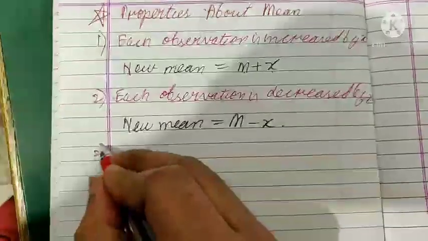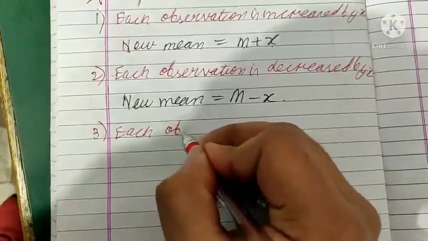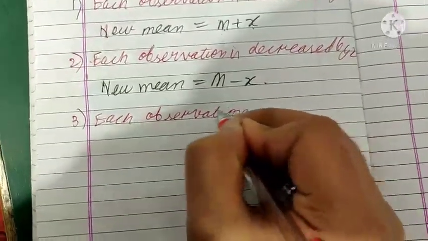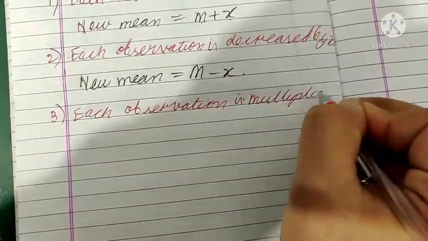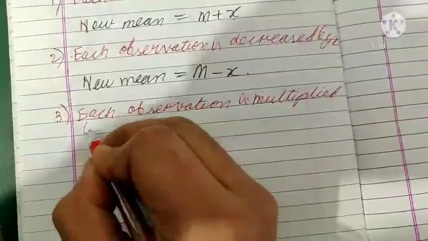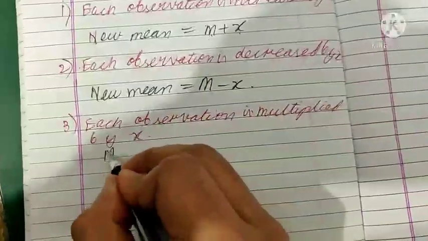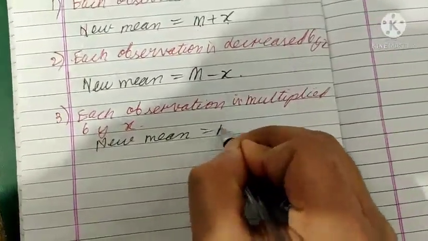Next is, if each observation is multiplied by x, then the new mean will be m into x.